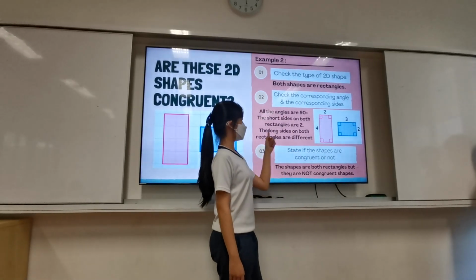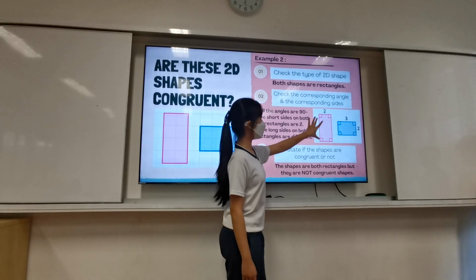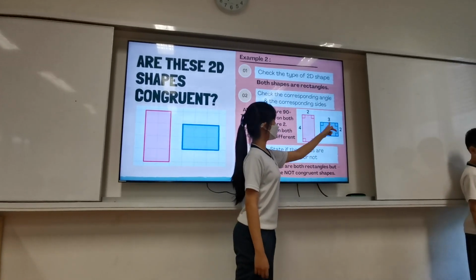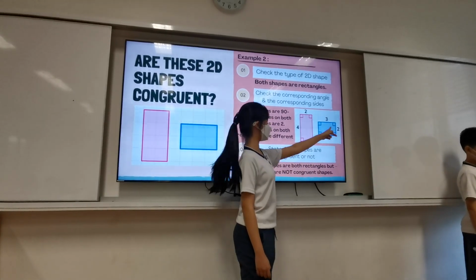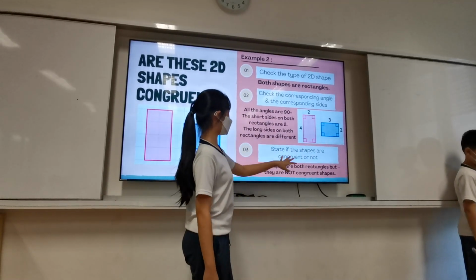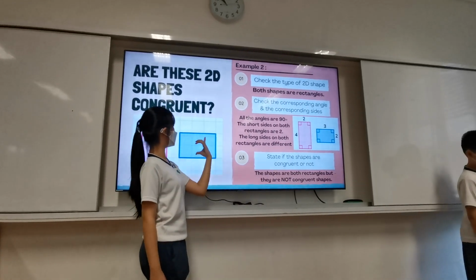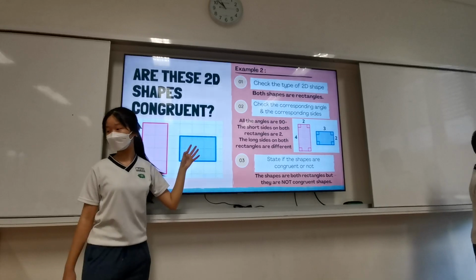But you can see here that the long sides are different, because the long side on the pink rectangle here is 4, but on the blue rectangle it is 3. So the shapes are both rectangles, but they are not congruent shapes because they are of different shape and size.